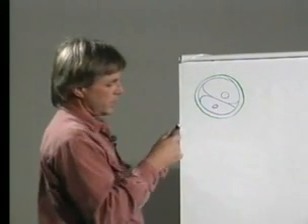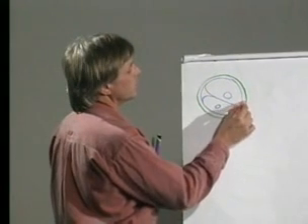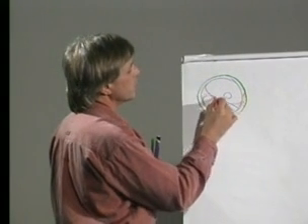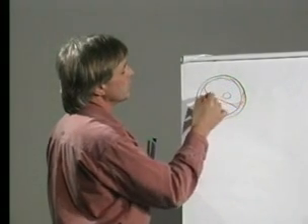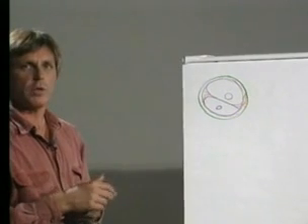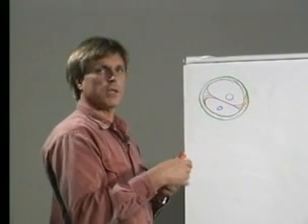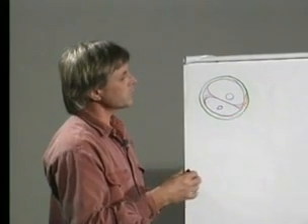And as it divides into 2 cells, you see a little bit of fluid around between the cells and between the cells and the zona pellucida, and that's the fluid matrix in which the rest of the cells will live and have their being. But the zona pellucida is really providing the structure at this point.